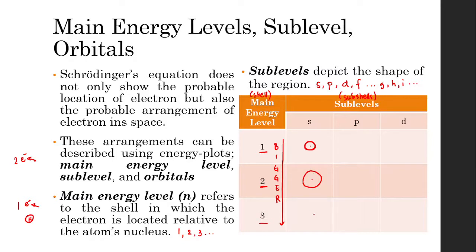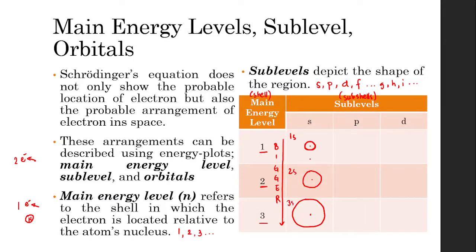So by the third level, it is much bigger, and you will find your electron much farther from the nucleus. So this is your 1s, 2s, and your 3s.